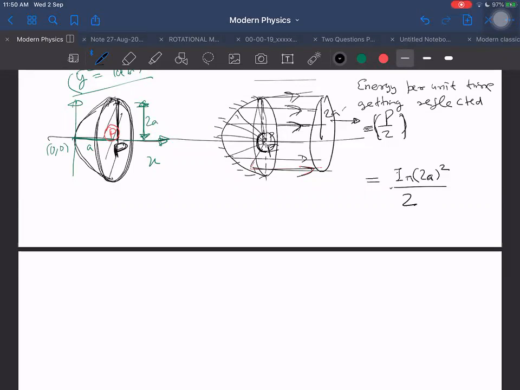Right or not? What is the relation of this with C? Power is always intensity into area. C has nothing to do with this.